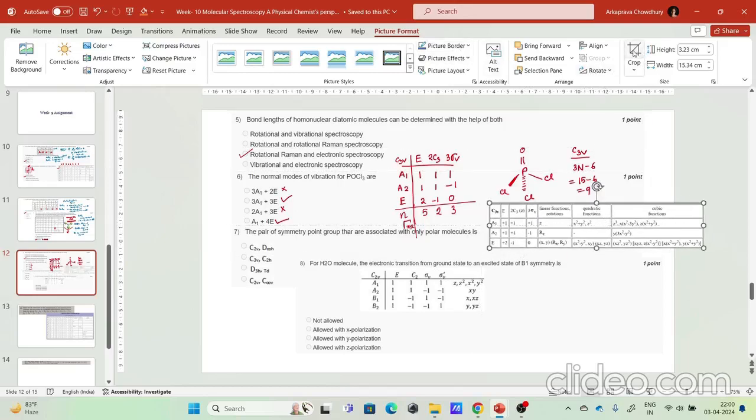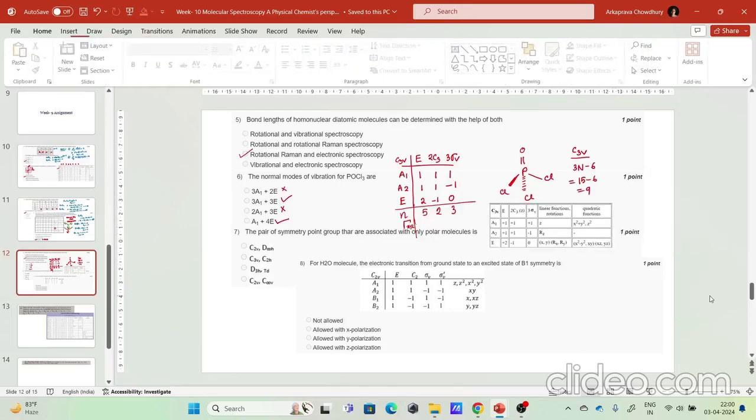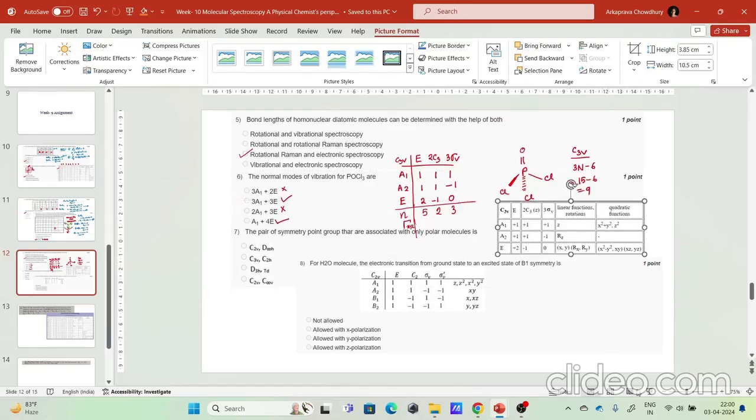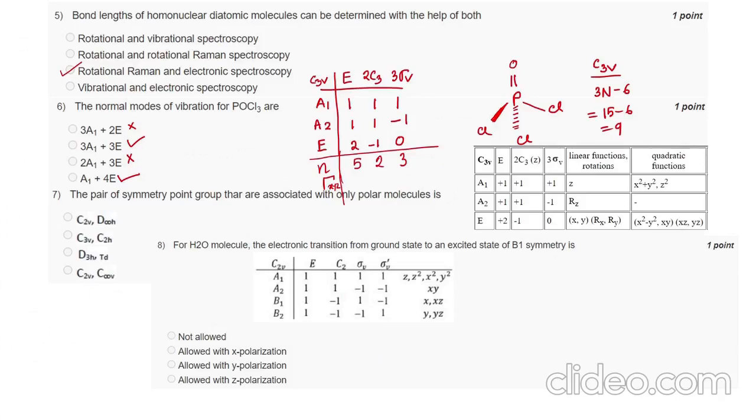For this particular question, we don't require the cubic part, so I'll just ignore that. Now gamma xyz: x and y transform together and z is here, so A1 plus E, that will be 3, 0, 1. And so your gamma 3N, the total number of modes, will be 15, 0, 3.